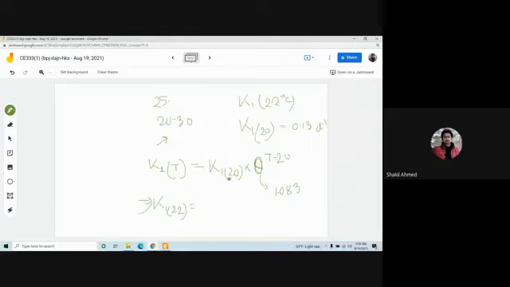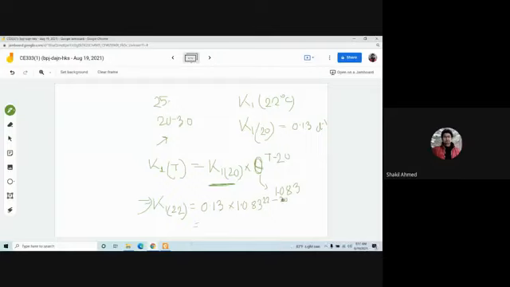What is this value, guys? 0.13, multiplied by theta, what is the value of theta? 1.083, to the power T minus 20. What is your T here? 22. 22 minus 20. So you just calculate the value.